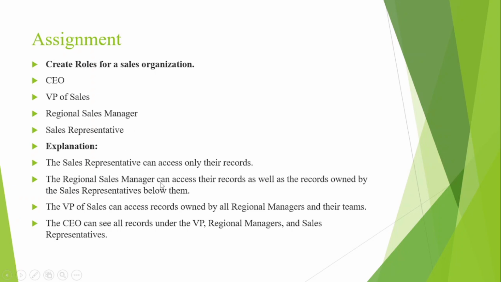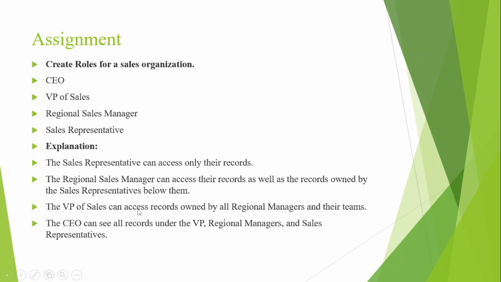The regional sales manager can access their own records as well as records owned by the sales representatives below them. So they can see their records and also the sales representatives' records.